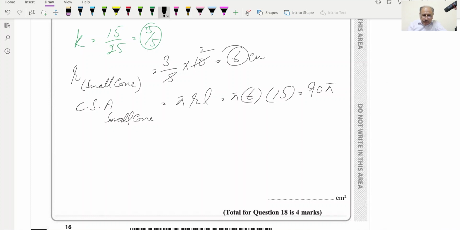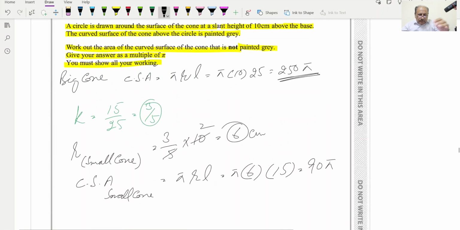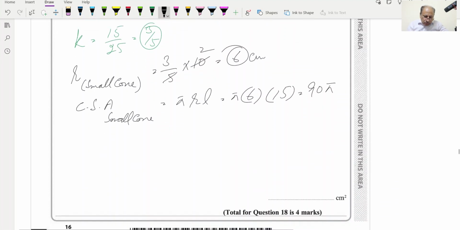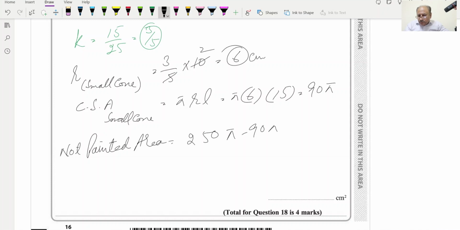Now, work out the area of the curved surface of the cone which is not painted gray. So the not painted area will be equal to 250 pi minus 90 pi, and this will be equal to 160 pi. This is in terms of pi. This will be our answer.